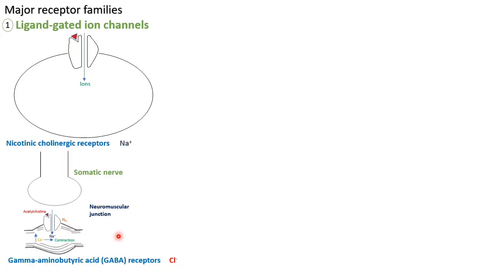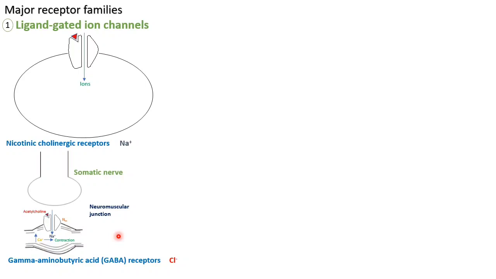Chloride is a negatively charged ion, which is present in larger amount outside the cell. So these GABA receptors are ligand-gated ion channels that open when GABA binds to them. Then when they open, there is chloride influx inside the cell. So this results in more negative inside the cell.